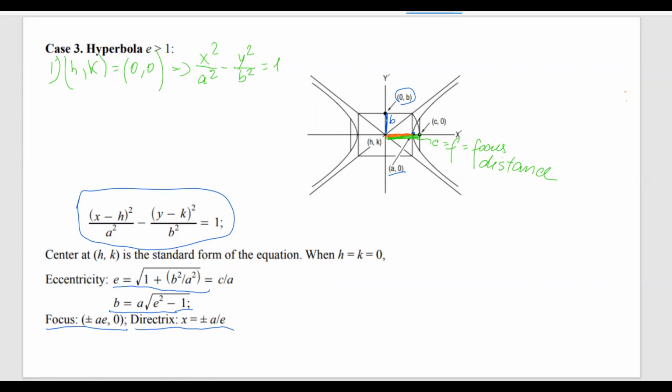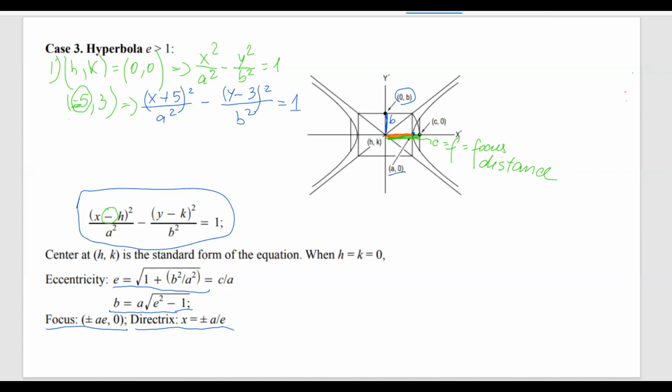And just for the sake of it, let's assume the center of a hyperbola at (-5, 3). So this means that the equation is going to look like this: (x minus, from the formula, minus 5, so x plus 5) squared over a squared minus (y minus 3) squared over b squared equals 1.